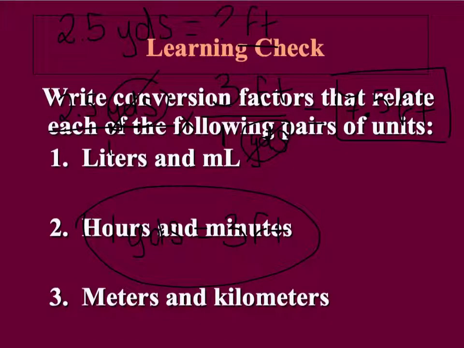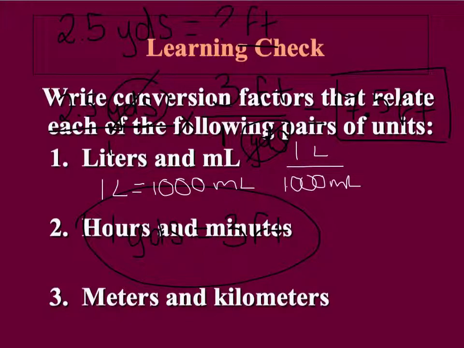So now we can do a little more practice on writing conversion factors. With things that we know the relationship for, like liters and milliliters, we know that in 1 liter, there's 1,000 milliliters. So what two conversion factors could you make out of that? Well, you could do 1 liter over 1,000 milliliters, or you could do 1,000 milliliters over 1 liter.